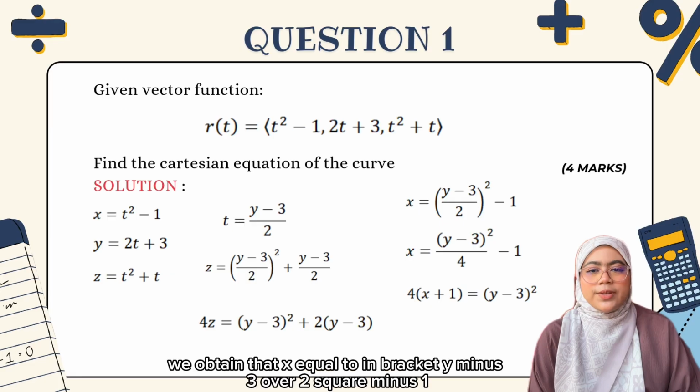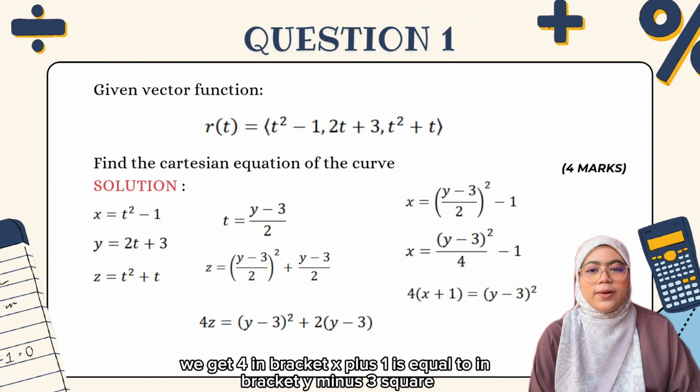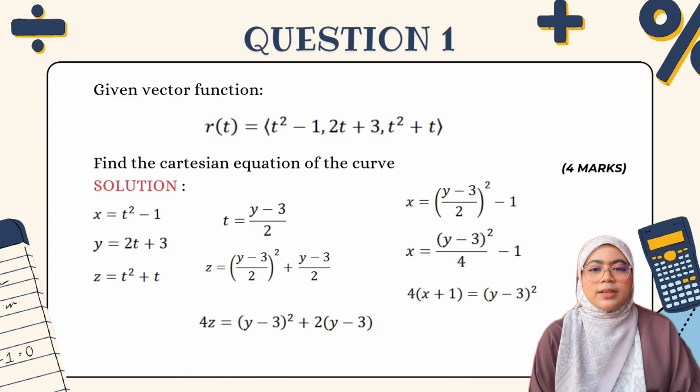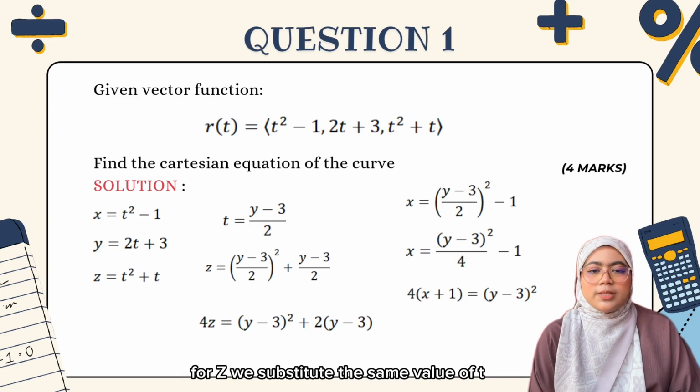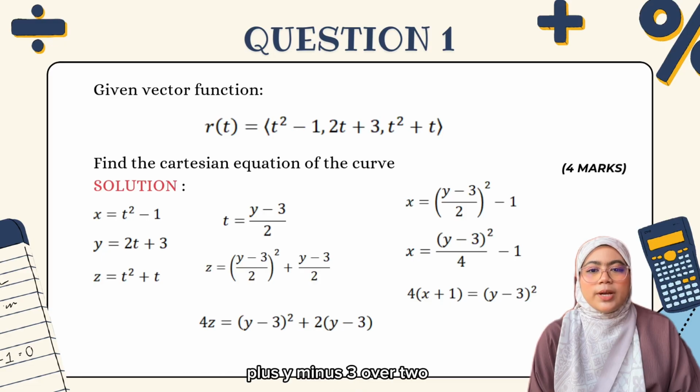For x, we obtain that x = ((y − 3)/2)² − 1. And then we simplify this equation, then we get 4(x + 1) = (y − 3)². For z, we substitute the same value of t. z = ((y − 3)/2)² + (y − 3)/2.